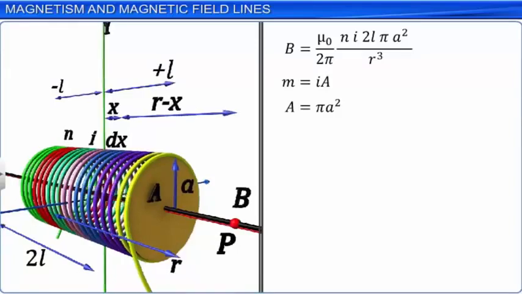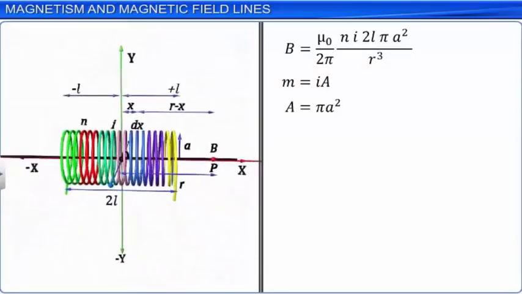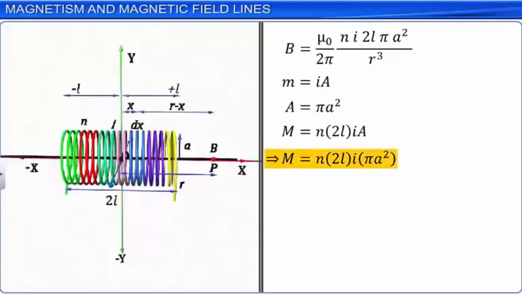Substituting M for the terms in the expression for magnetic induction B, we get B = μ₀ by 2π into M by R cube. On multiplying the numerator and denominator with 2, we get B = μ₀ by 4π into 2M by R cube.